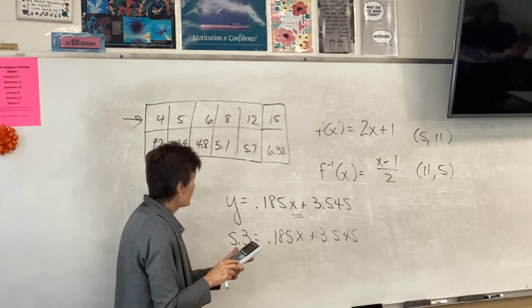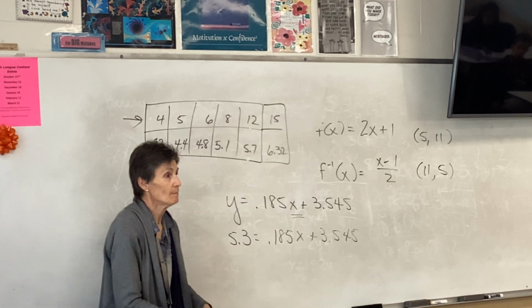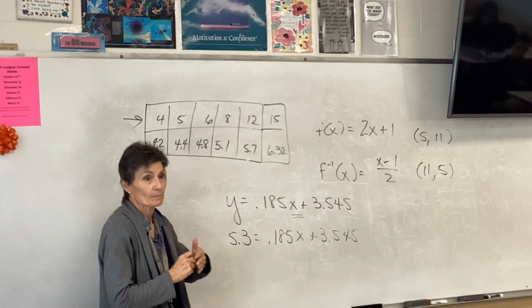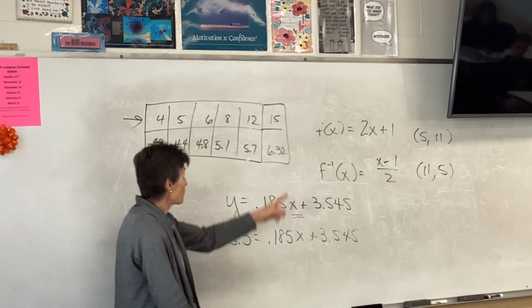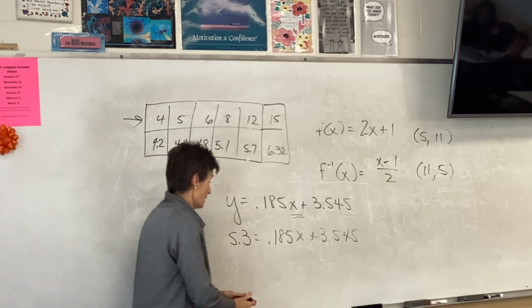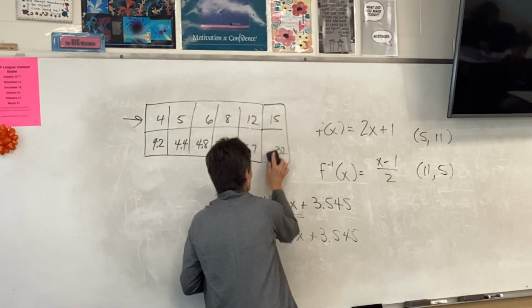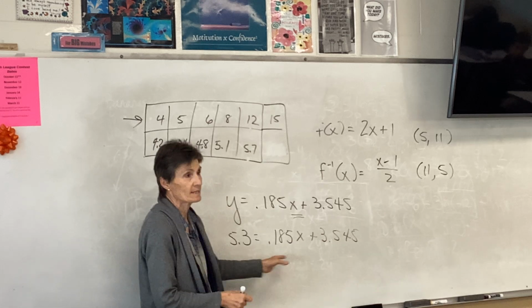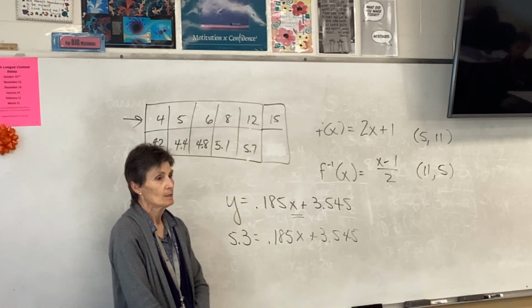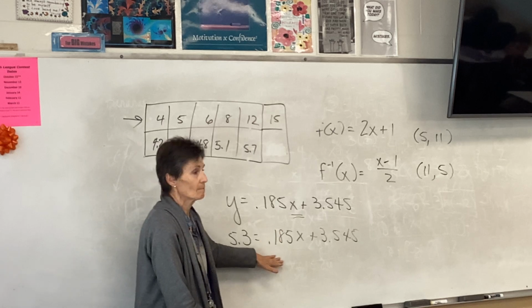Yeah. Do you think that's what it would actually weigh? In reality? That's what my equation said. But you think if I actually brought him in and weighed him on the scale that he would weigh exactly 6.32? No, because what's this?